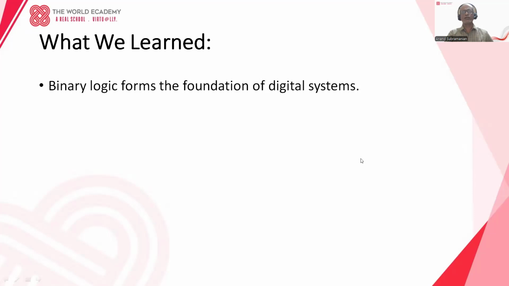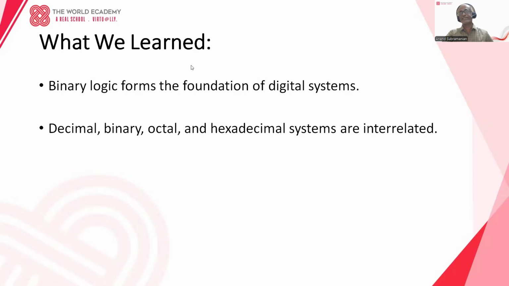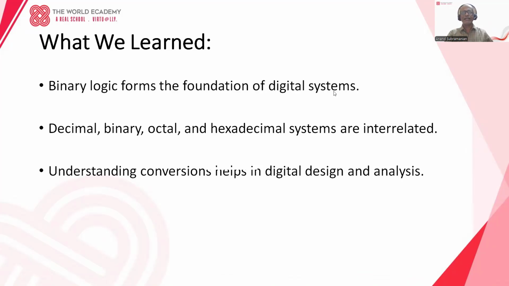So what have we seen next? We have seen decimal, binary, octal, hexadecimal, the number systems we saw in the last video. Now we have seen how they are interrelated. Understanding the conversions helps in digital design.